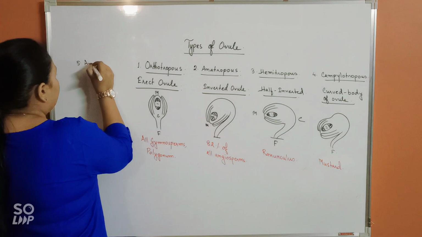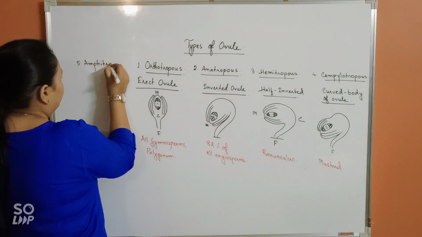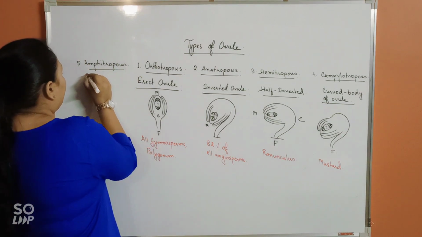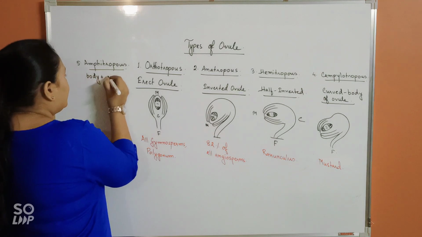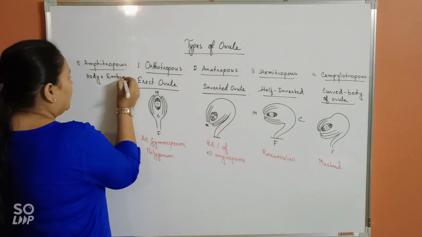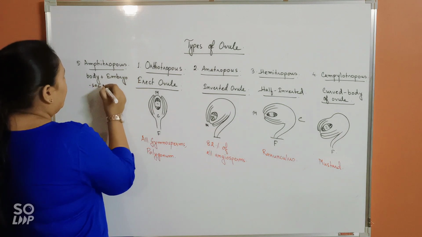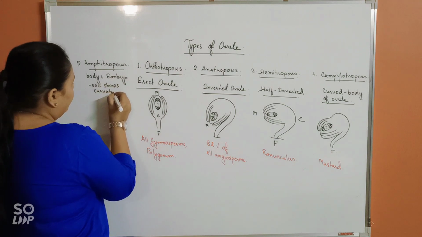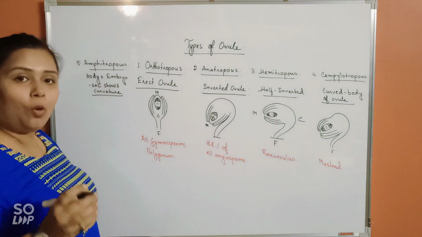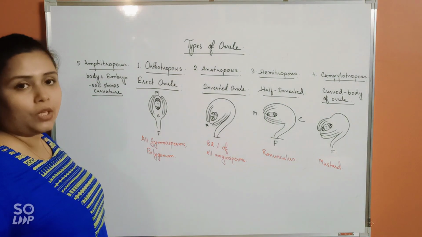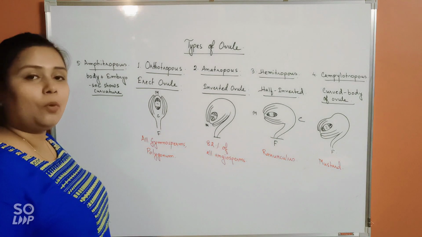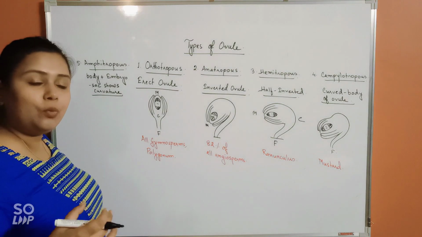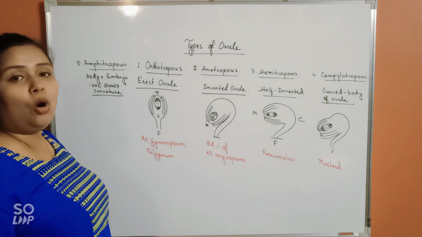Alright, now the fifth one, let me draw here. Fifth one is amphitropous. Amphitropous means body plus embryo sac shows curvature. That means the body as well as the embryo sac both would be showing curvature. There in campylotropous, the body was showing curvature, but there was no curvature in the embryo sac. In this case, embryo sac will be so curved that it would take up a horseshoe shape.